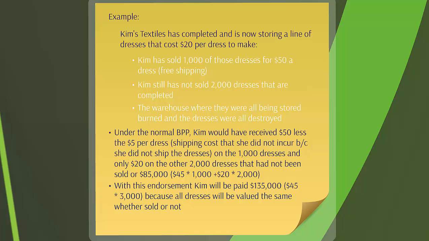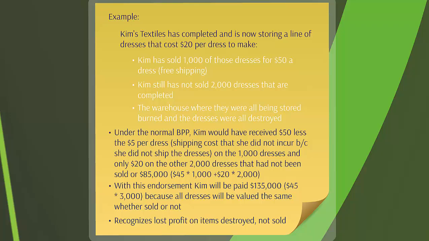But with this endorsement, Kim will be paid $135,000 because she'll get $45, the selling price minus the $5 expenses that she did not incur, times all 3,000, because all the dresses will be valued the same whether sold or not. So you can see that for certain types of goods manufactured, this could make a big difference.